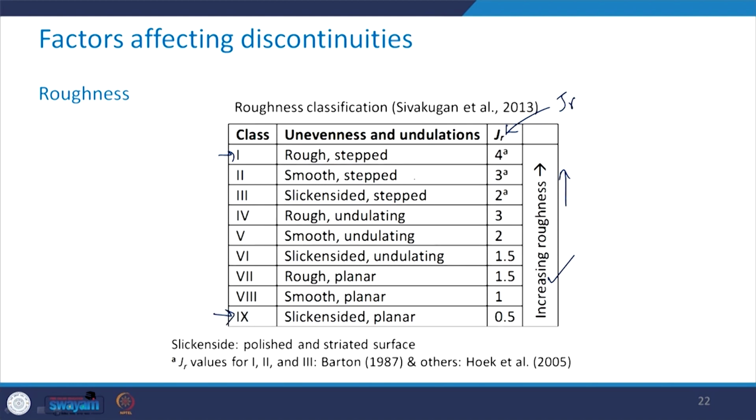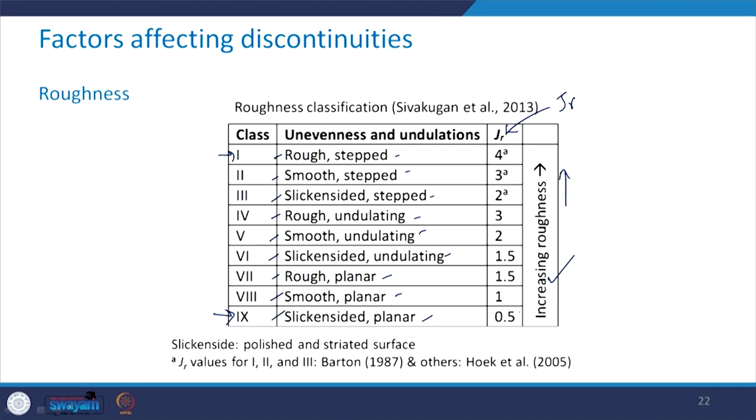The first three are all stepped, but the small scale unevenness varies: rough, smooth, and slickensided. Similarly, the next 3 are for undulating large scale roughness, again with the 3 categories rough, smooth, and slickensided, and similarly for planar you have rough, smooth, and slickensided.